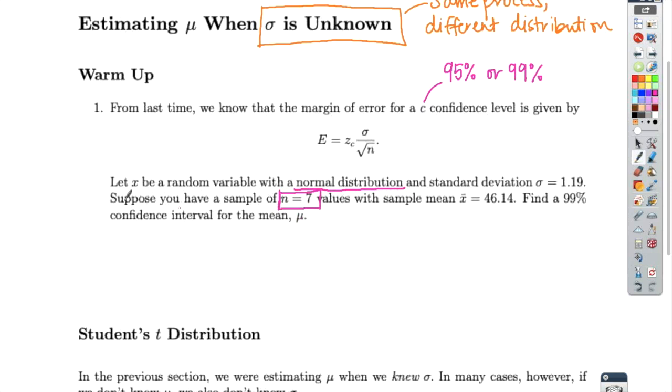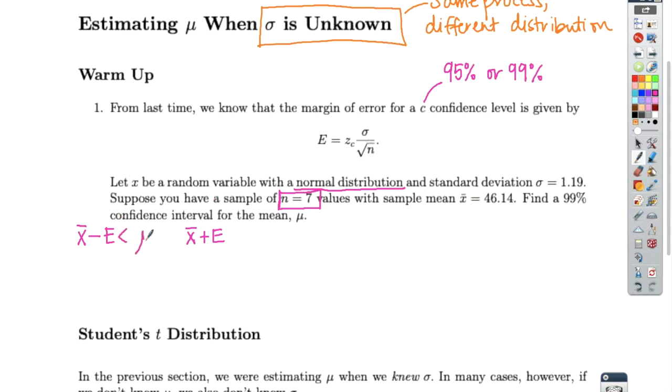Okay, so what we know from last time is that a confidence interval looks like this. We start with our sample mean, we subtract the error on one side, and then on the other side we have our sample mean and we add the error. It's basically saying, starting from here we do plus or minus whatever error we find using this formula.